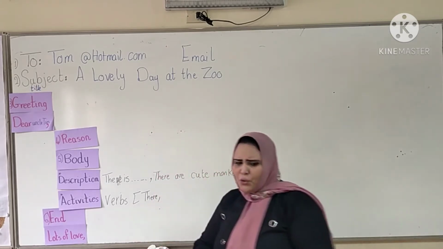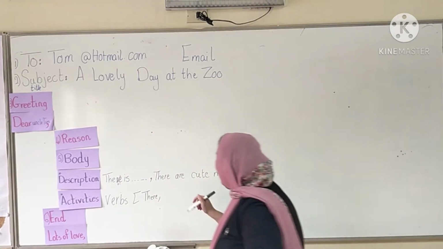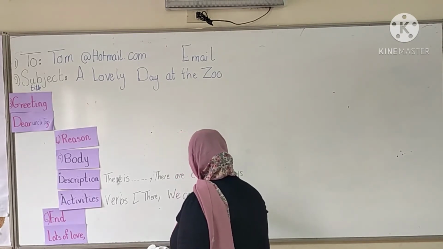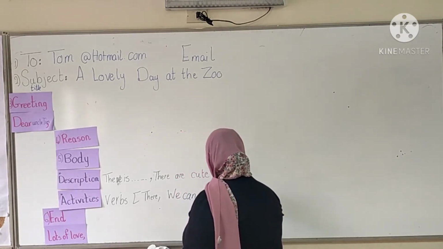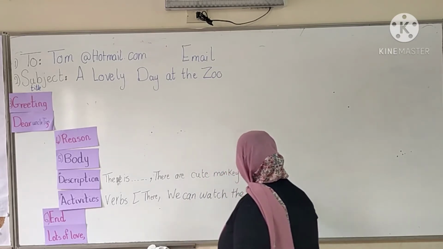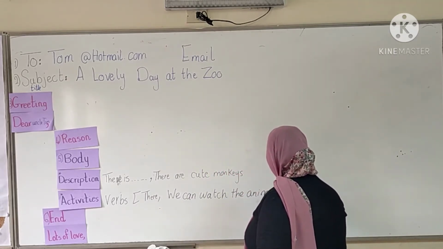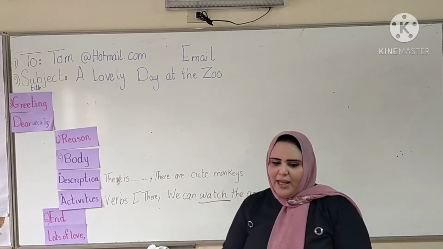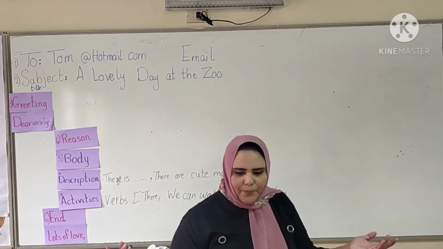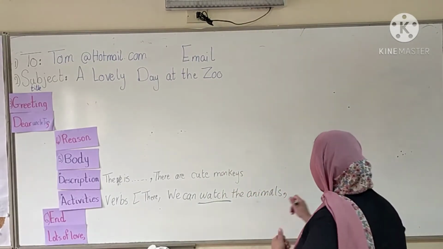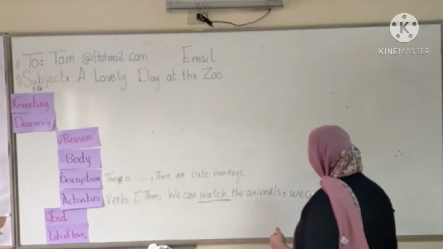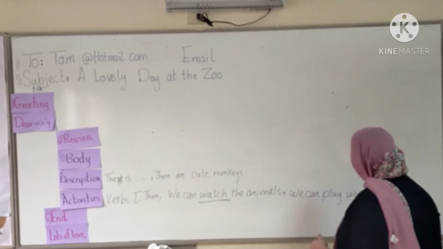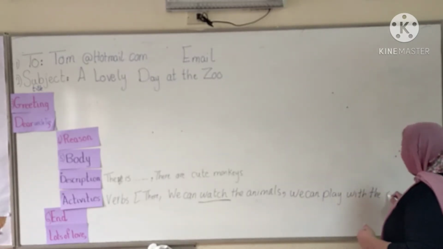What can we do in the zoo? We can watch the animals. Right? That's a verb. That's activity. We can watch the animals. What else can we do? We can play with the seal.